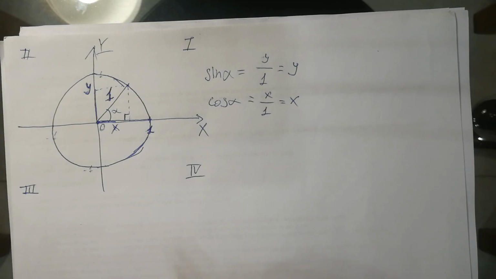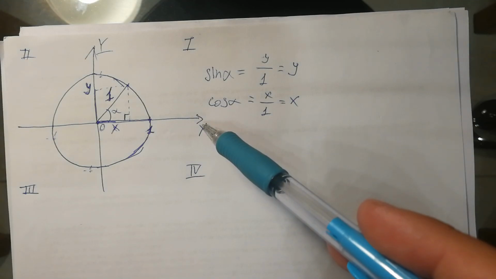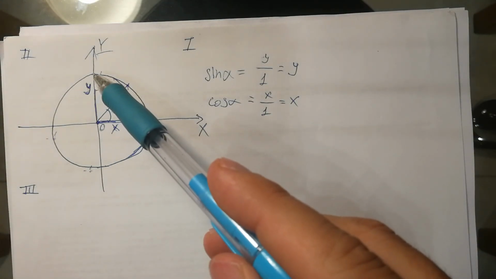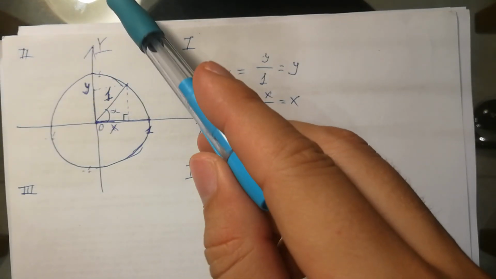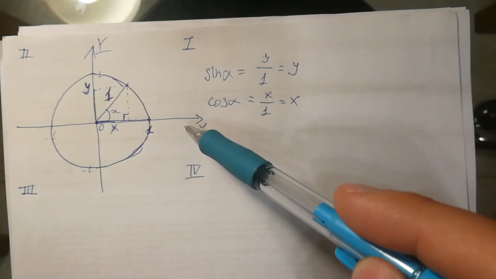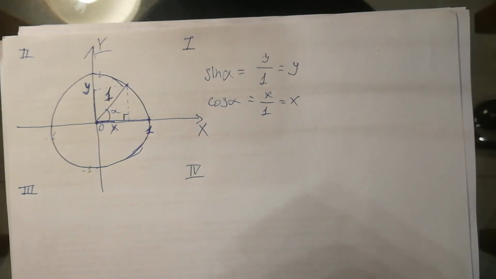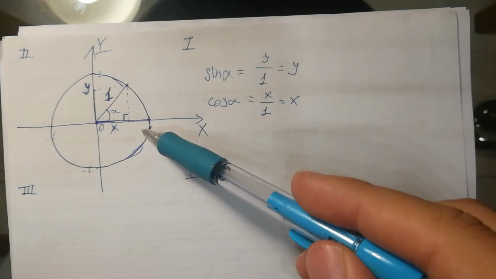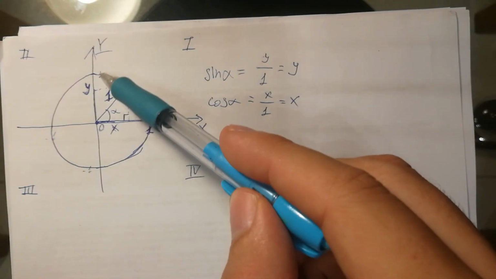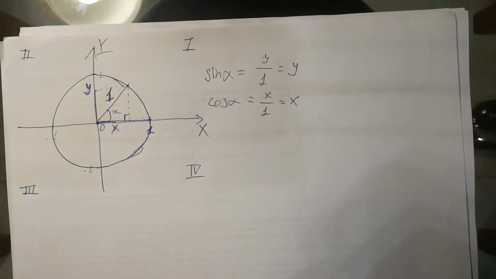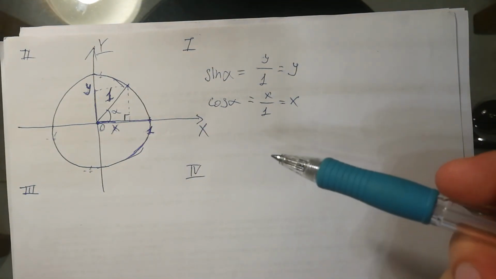Since in the first quarter the values on both the x-axis and the y-axis are always positive, because here we go to the positive values and here we go to the positive values always, then the values of the sines of any angle from 0 to 90 degrees will always be positive or equal to 0.